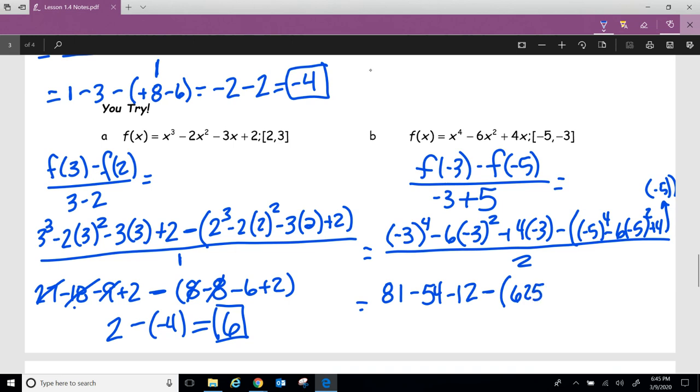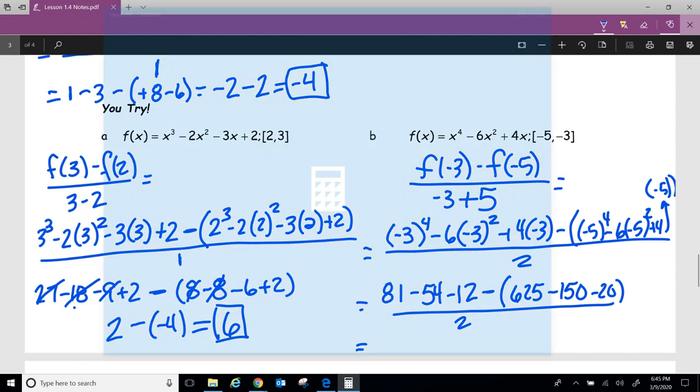Negative 5 squared would be 25, times negative 6 would be negative 150. And then 4 times negative 5 would be negative 20. All right, see if we can do this mental math. I'm going to actually cheat, and we're going to go to a calculator here.